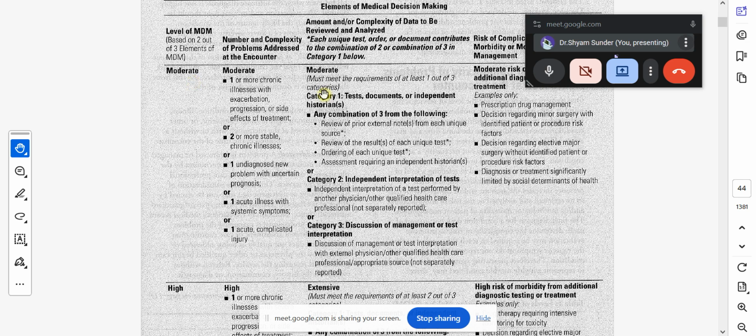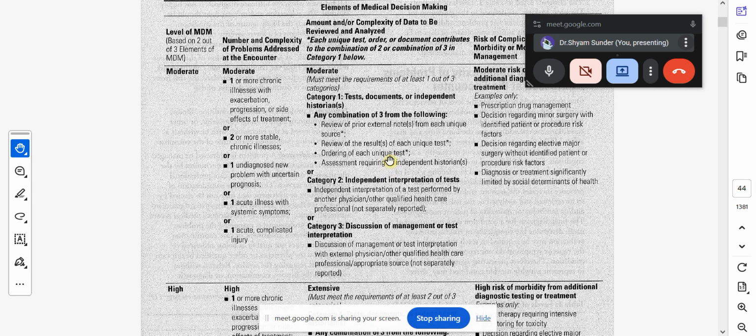In moderate MDM, you must meet the requirements of at least one out of three categories. So either category 1 should meet, or category 2 should meet, or category 3 should meet. That has to be documented. Then it is considered as moderate MDM.